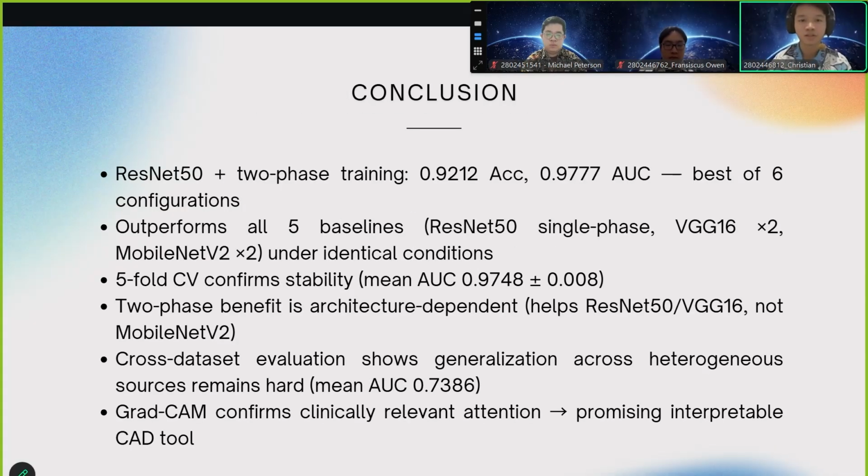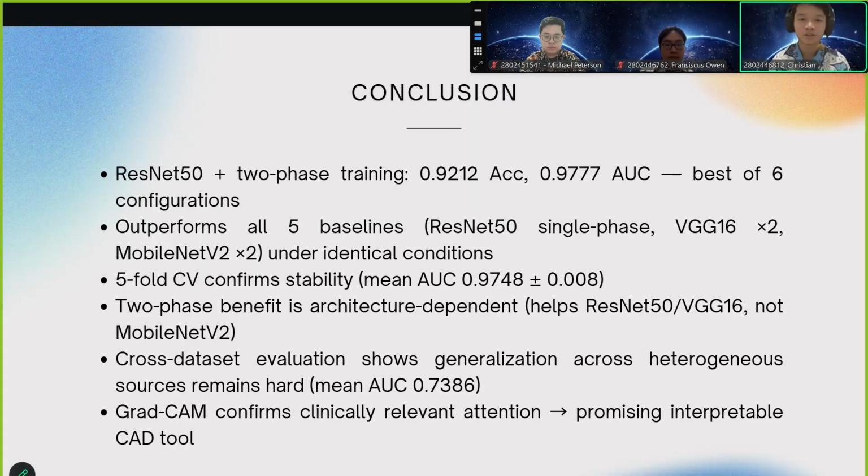To conclude, our ResNet 50 model with two-phase training reached 92.1% accuracy and 97.8% AUC. It outperformed all five baselines under identical conditions. Five-fold cross-validation confirmed its stability.